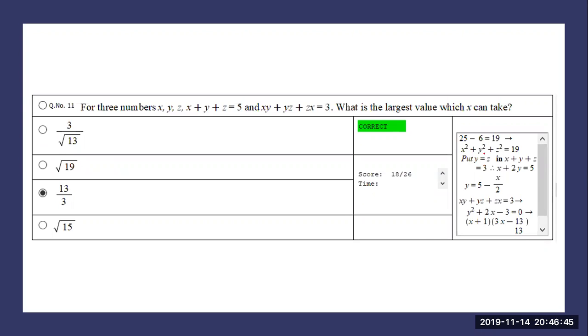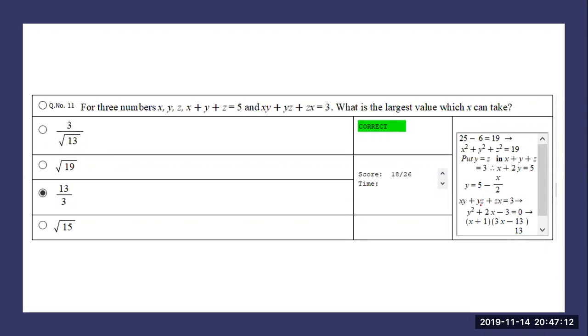See, x squared plus y squared plus z squared is equal to 19 is our first relation we got. Putting y is equal to z in x plus y plus z is equal to 5, we get y is equal to (5 minus x) by 2. Then z also is equal to y, so yz is equal to y squared, and zx, z also is y, y is in terms of x.